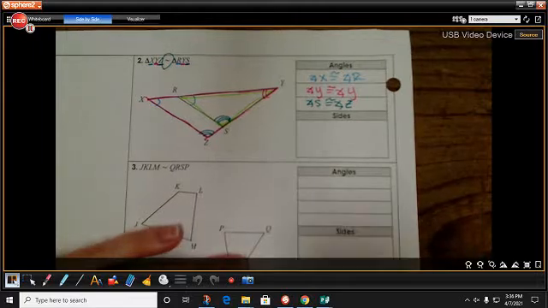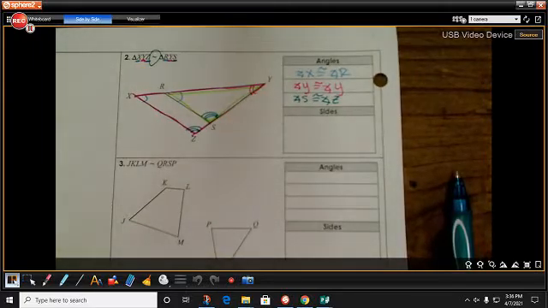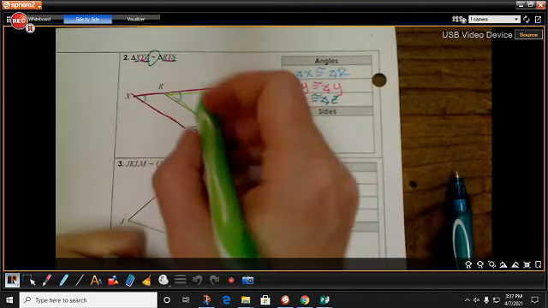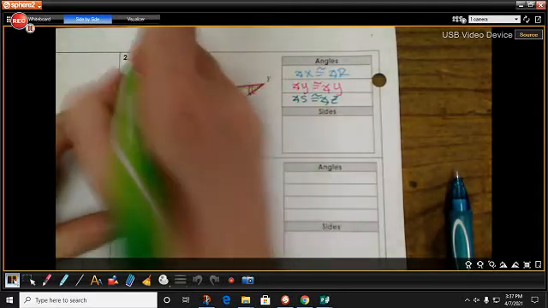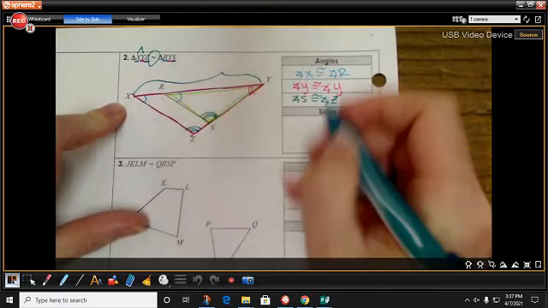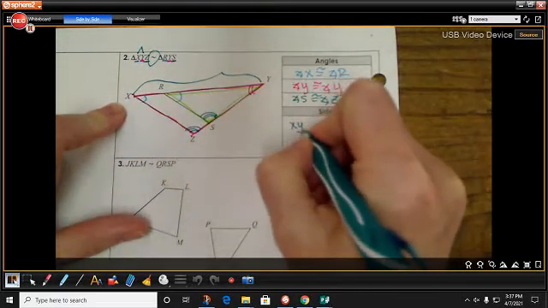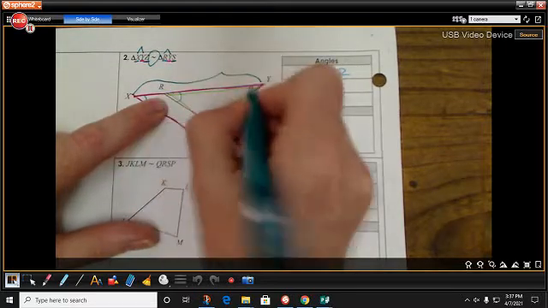Well, if they're similar, any proportions I make out of the sides also have to be equal. But the ratios I make are going to be really interesting. So X, Y, Z. How long is it from X to Y? Well, that's this distance, X to Y, and that's going to be matched up with R to Y. So that's this smaller one here.